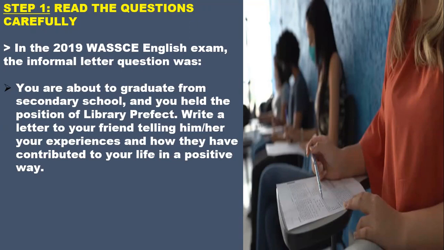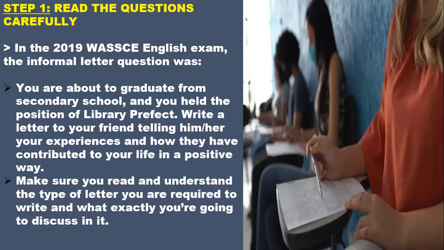Write a letter to your friend telling him or her your experiences and how they have contributed to your life in a positive way. Now, you need to make sure you read and understand the type of letter you are required to write, and also understand what exactly you are going to discuss in it.